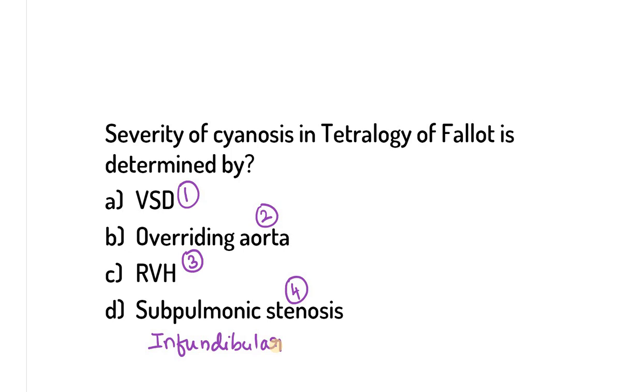Now the question is slightly different. They are asking which component determines the severity of cyanosis. Remember, the reason for cyanosis in tetralogy of Fallot is decreased pulmonary blood flow. When the pulmonary blood flow is not happening, oxygenation is basically not happening. That's why there is cyanosis.